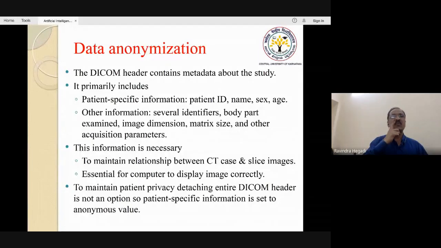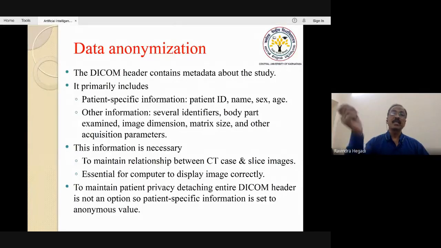Other information will also be there, such as identifiers like the body part we have examined, image dimension information, image matrix size, and other acquisition parameters. So this information we have to remove.